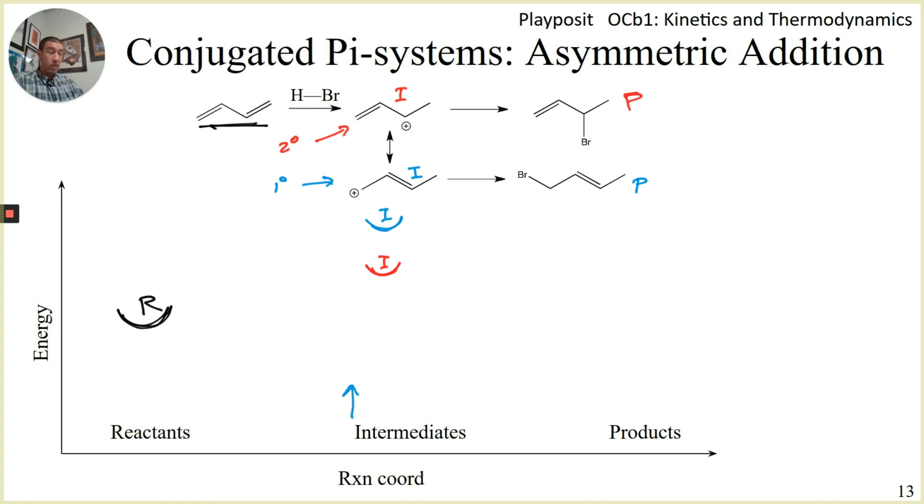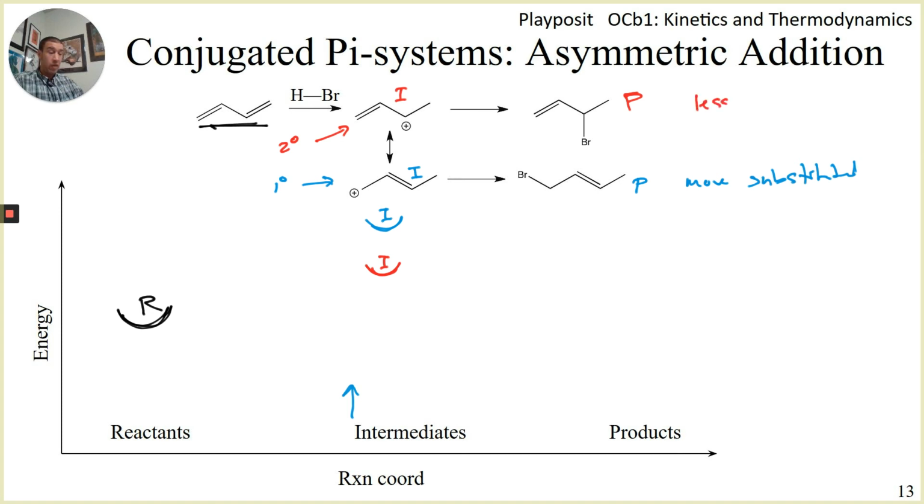We go through and move to the product side of it, and this one becomes more challenging. On the product side of it, we have one less pi bond, so we should be lower in energy than our reactants. Between these two products, this one was more substituted, and because it was more substituted, it is going to be lower in energy.